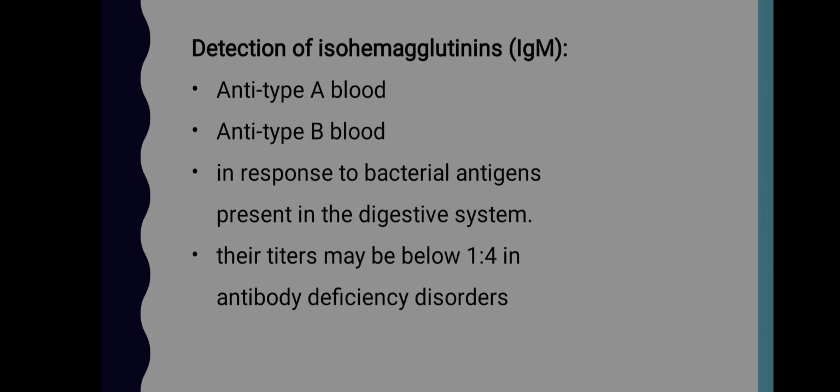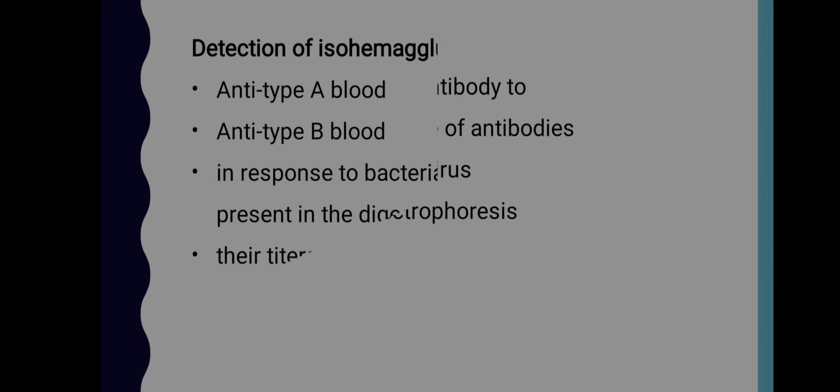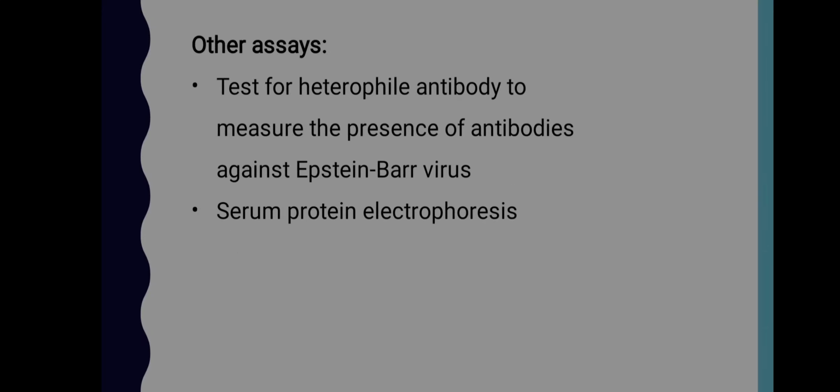Detection of IgM anti-type A blood and anti-type B blood, in response to bacterial antigens present in the digestive tract, is literally 1 to 4 in antibody deficient disorders. Other assay tests of heterophile antibodies measure the presence of antibodies against Aspergillus, viruses, and serum protein electrophoresis.